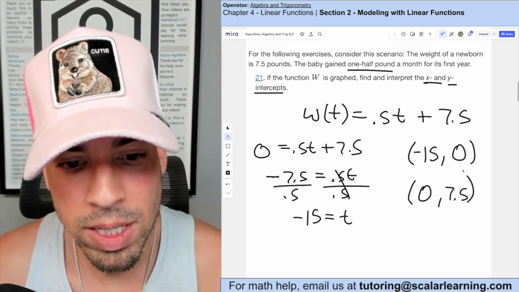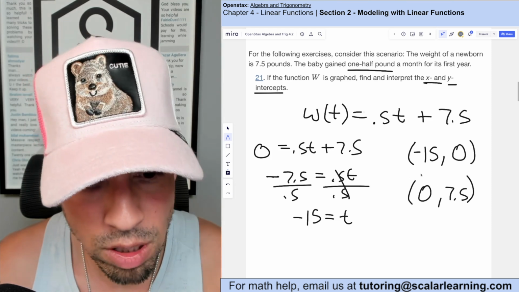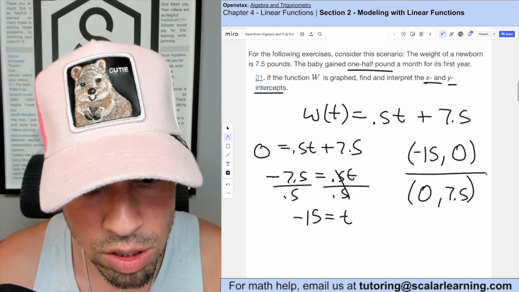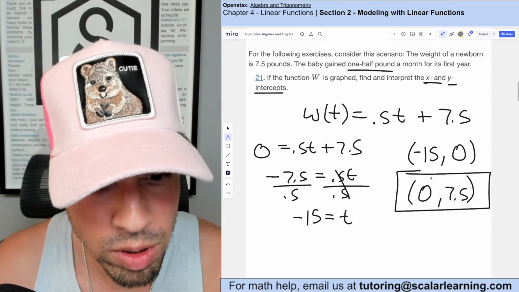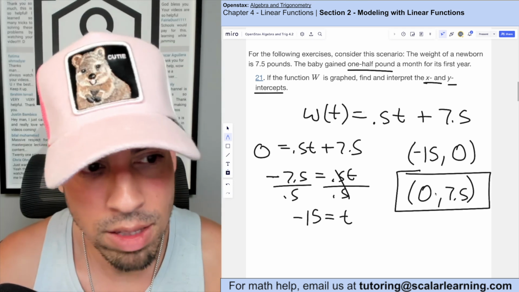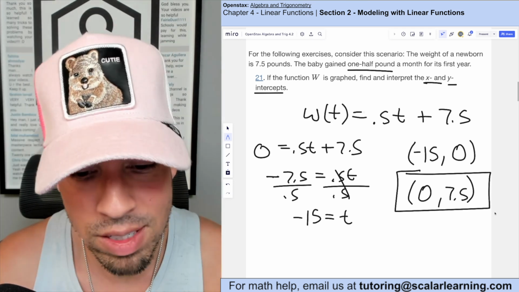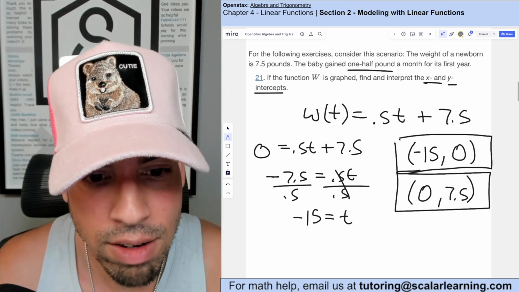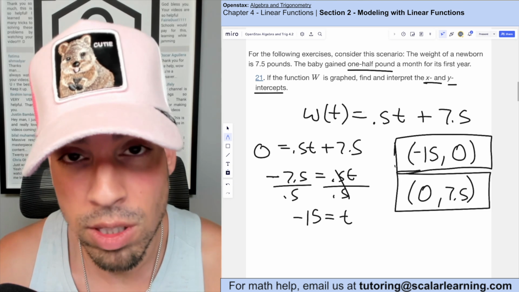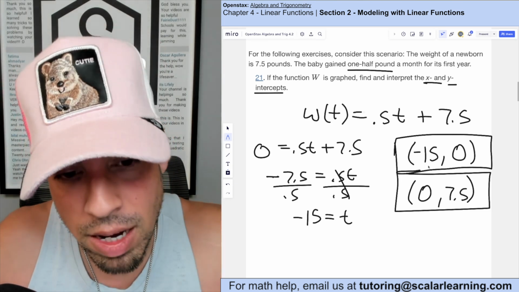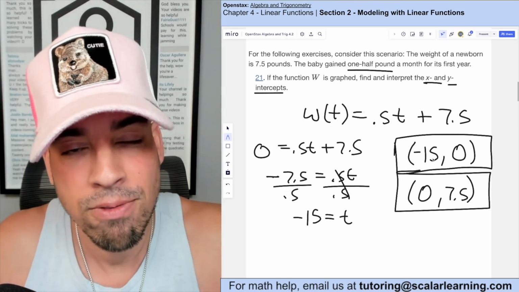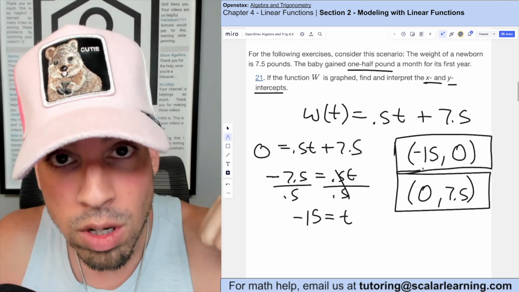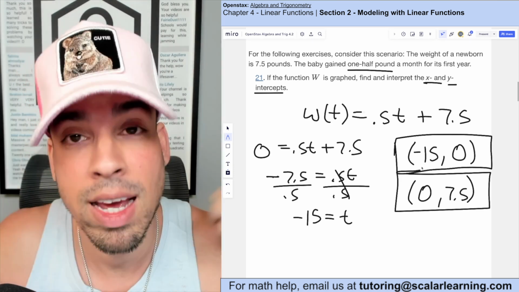So let's talk about this. The y-intercept first is a little bit easier to understand. So this y-intercept or W-intercept says that the initial weight of the baby when being born at time 0 is 7.5 pounds. Now, this one's a little bit more interesting. If we were to apply it, and it's not necessarily applicable, but if we were to try and apply it to the baby, we'd say 15 months prior to the baby being born, it had a weight of 0.